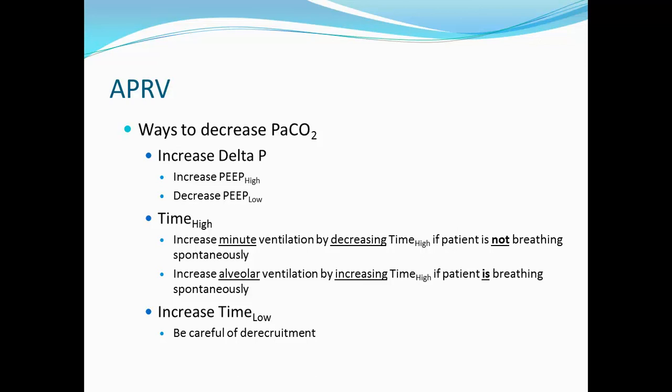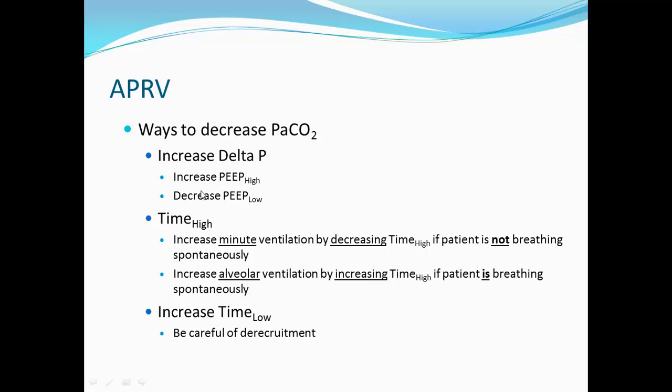One method of increasing alveolar ventilation is to increase the delta P. We can increase the delta P by increasing the PEEP high. However, we have to be careful and remember our transpulmonary pressure, and we probably in most cases do not want to exceed about 25 to 27 centimeters of water.